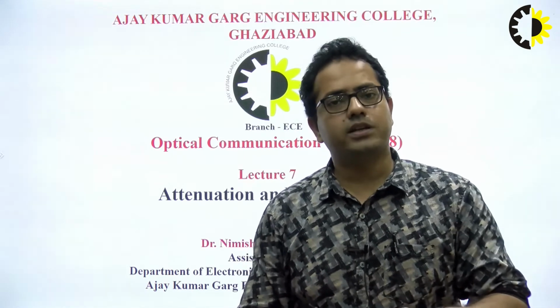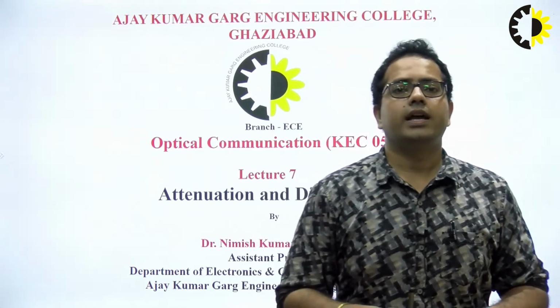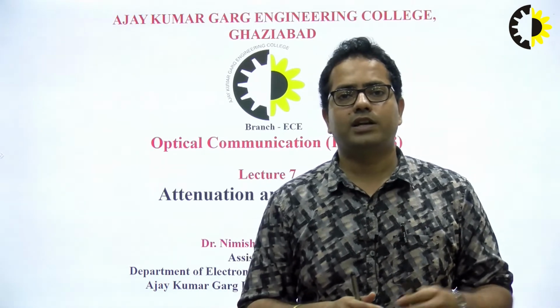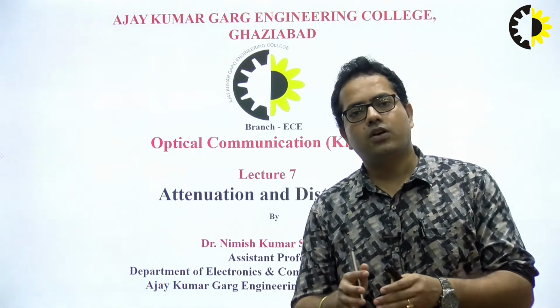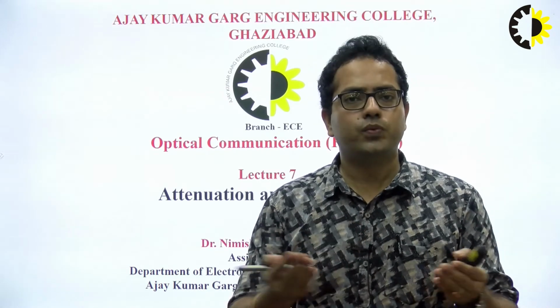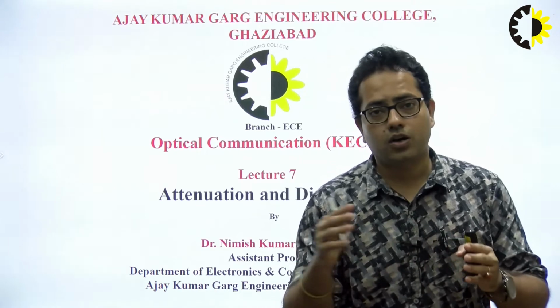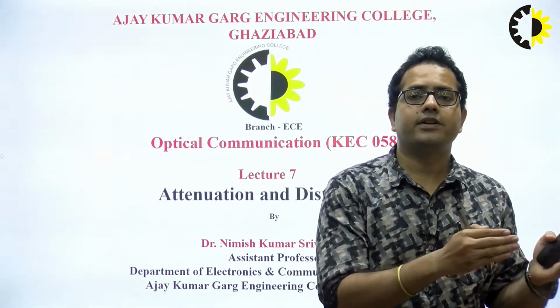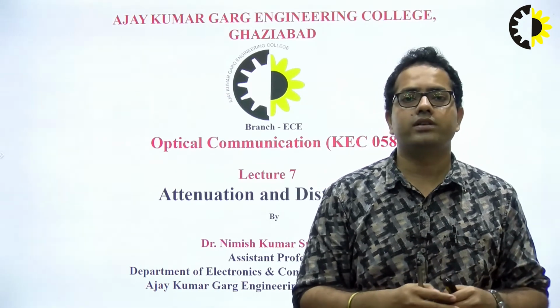In Unit 2, we are going to deal with the various effects that get associated with optical fibers. In Unit 1, we discussed the basic phenomena of how light propagates in an optical fiber, and the different rays like skew rays and meridional rays.